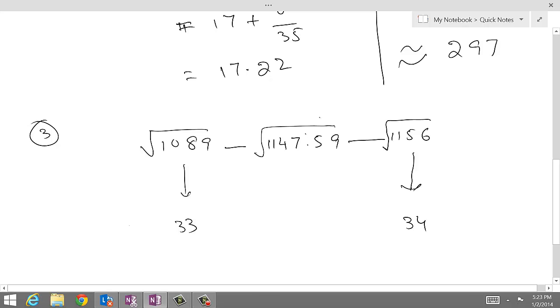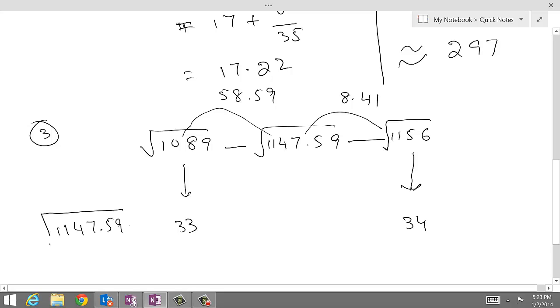So let's find the distance on this side and the distance on this side. 1147.59 minus 1089 gives us 58.59, and 1156 minus 1147.59 gives us 8.41.